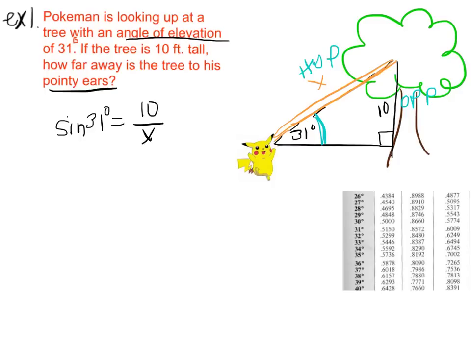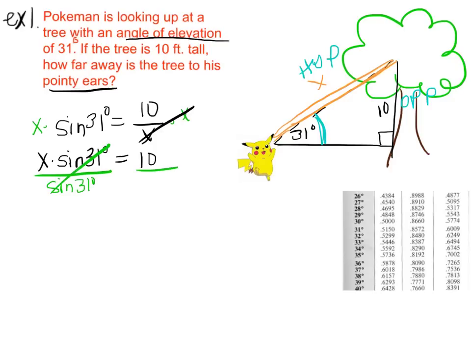Now our goal is to solve for x, so I'll start by multiplying by x on both sides. When I do that, I bring my x out of the denominator and get 10 equals x times the sine of 31 degrees. We're almost there. To get the x alone now, I'm going to divide by the sine of 31 degrees on both sides.